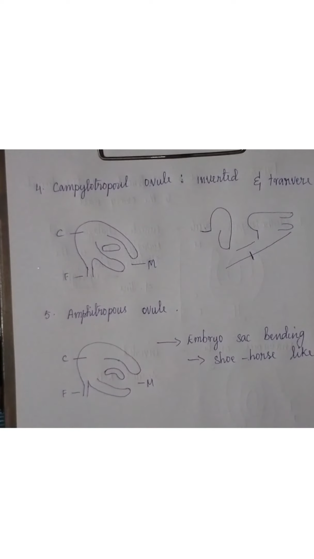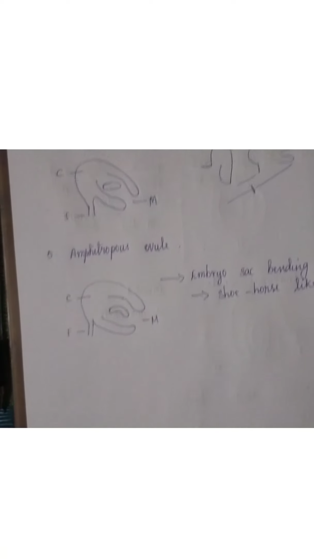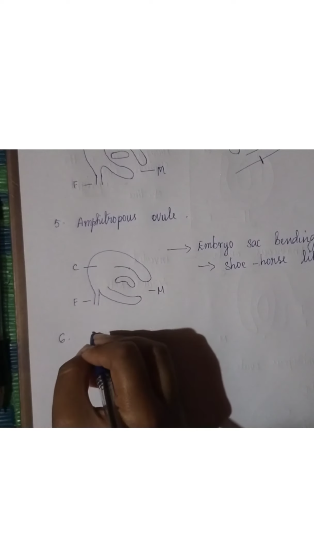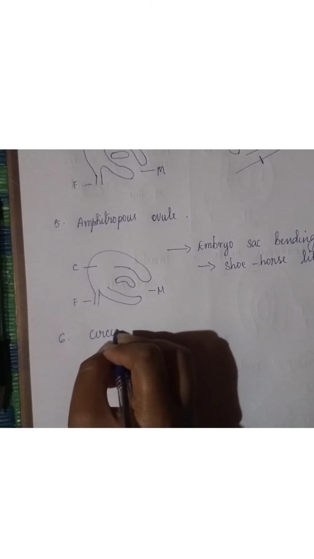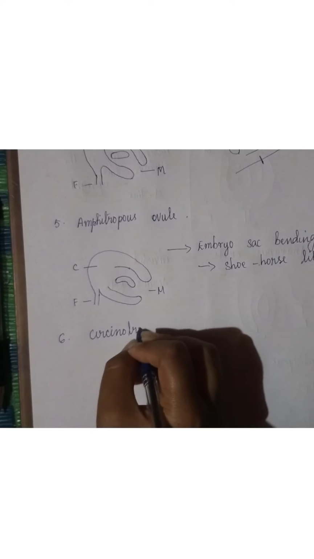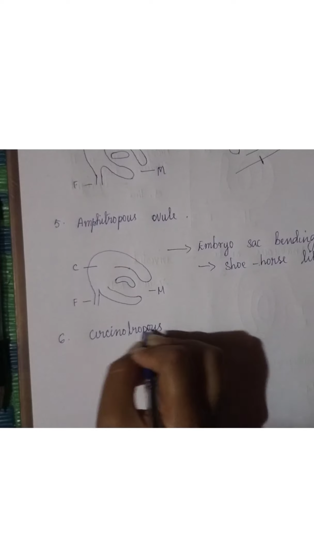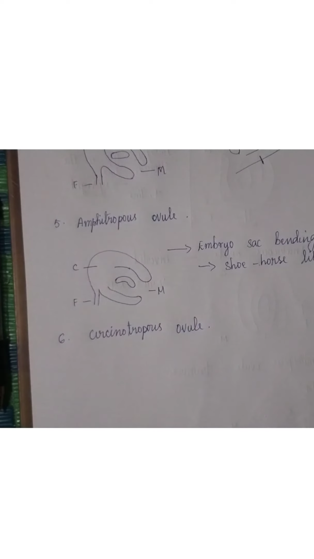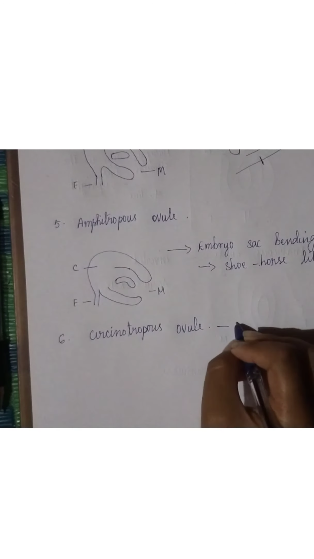And the last type of the ovule is known as the circinotropous ovule. Here, the ovule and the placenta come in the shape of a circle.